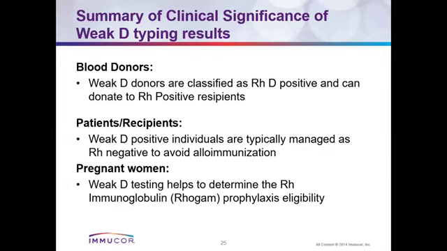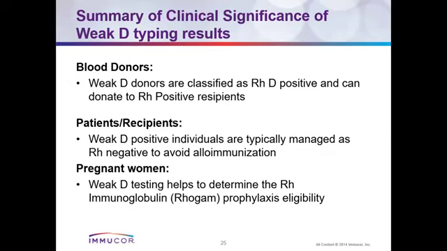How about the pregnant women who report to your facilities for prenatal screening? Blood grouping is one of the tests that is done to those mothers. Why is it important to confirm rhesus negative? Because weak D testing helps to determine eligibility for the rhesus immunoglobulin, which is our Rogam, the anti-D, which is given to our rhesus negative mothers. It can be in form of prophylaxis.